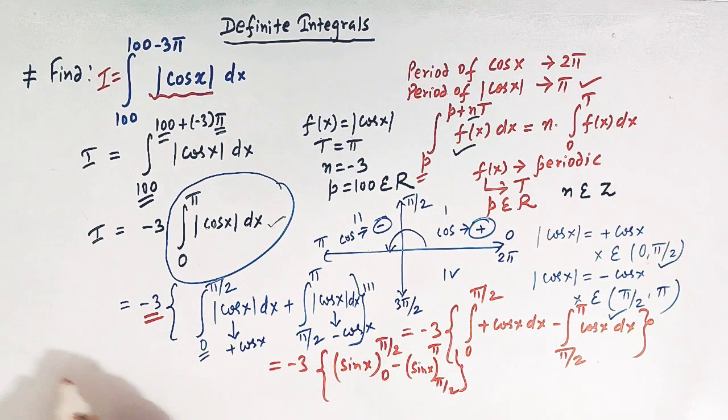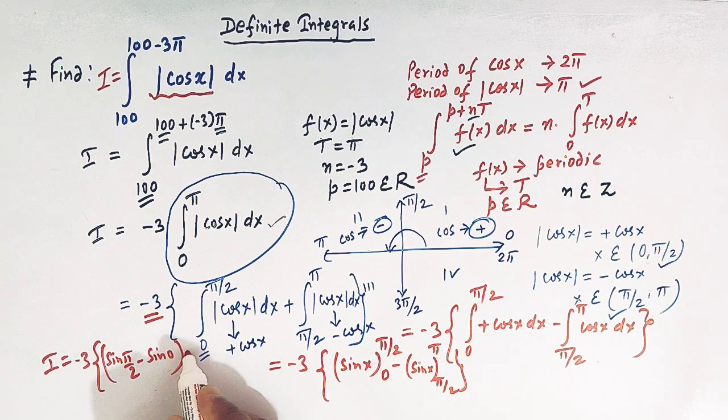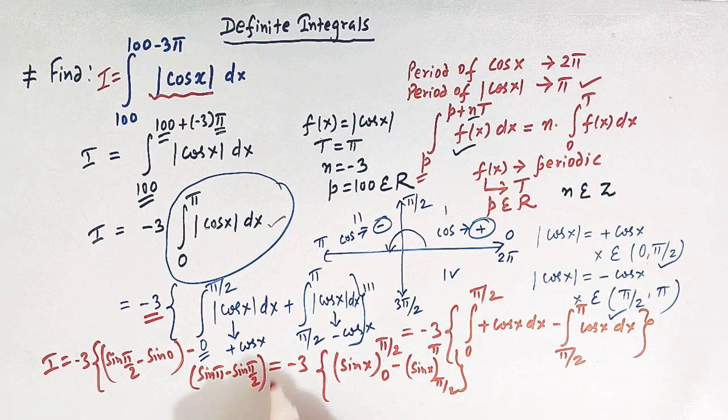We can simplify by substituting the limits and taking the difference. So we have minus 3 times sine pi by 2 minus sine 0, minus sine pi minus sine pi by 2.